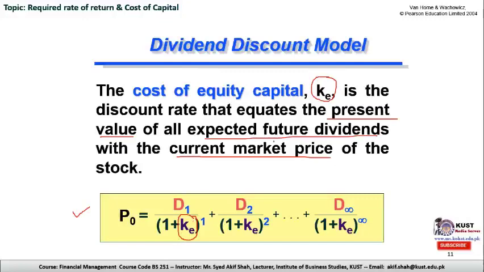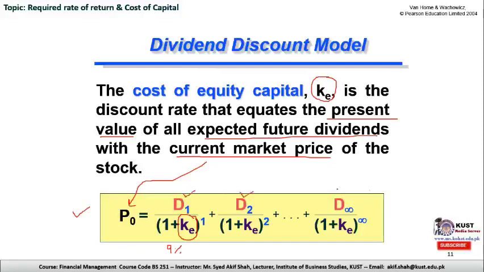So this KE is referring to that particular percentage, let's suppose 9%, 10%, or whatever percentage it is, which we are interested in finding out. It's a rate that will equate the current market price of the stock by discounting the present value of all future dividends.